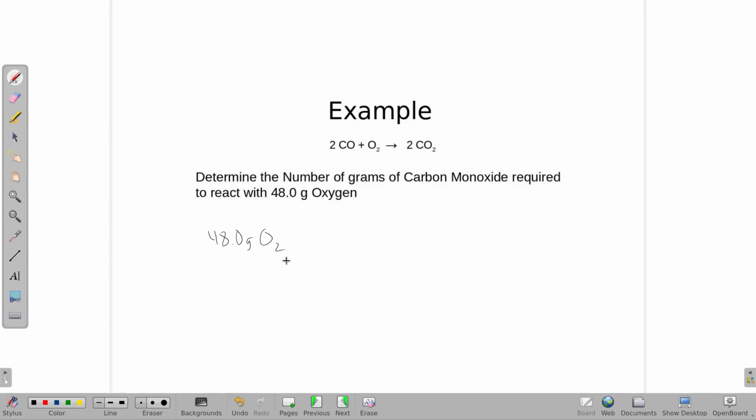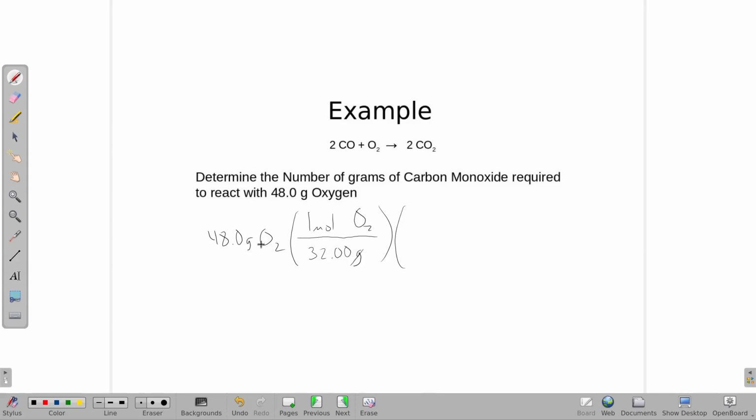We are going to use that balanced equation to show the relationship between oxygen and carbon monoxide, what we want. But before we do that, we need to convert our mass into moles. We need to know how many moles of O2 are in that 48 grams. We're backing up here to what we introduced a few chapters ago with molecular weights. And the molecular weight of oxygen is 32.00 grams.